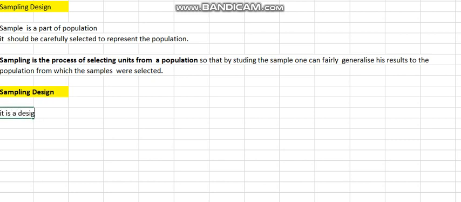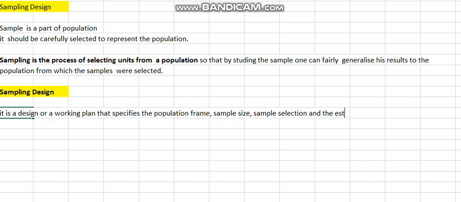It is a design or a working plan that specifies the population frame, that is, what is the population of our study and who should be included in it, the sample size, how much we can select as sample, then how we can select the sample, sample selection, and the estimation method in detail.